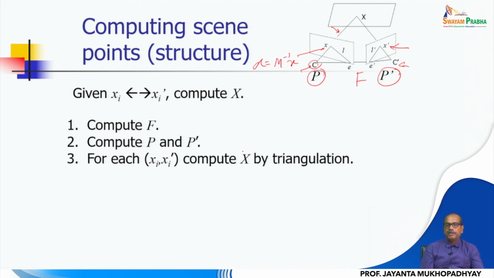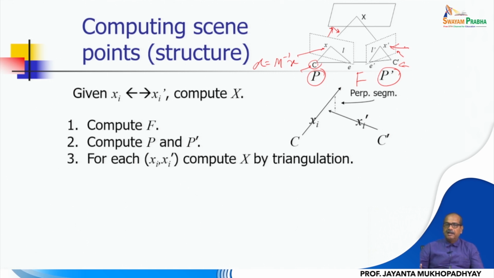So the direction ratio and a point are given, and you can get the straight line. Similarly, it is true for the other camera also. Then you find the intersection of these two lines. But as you can see, there could be a margin of error in the intersection because of the computation.